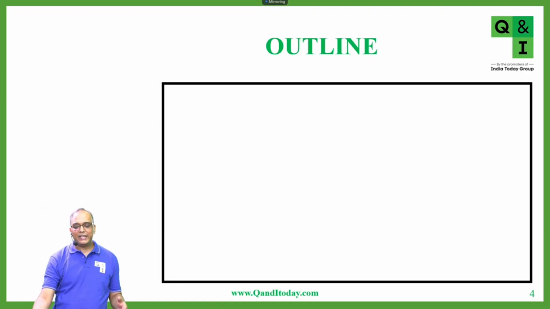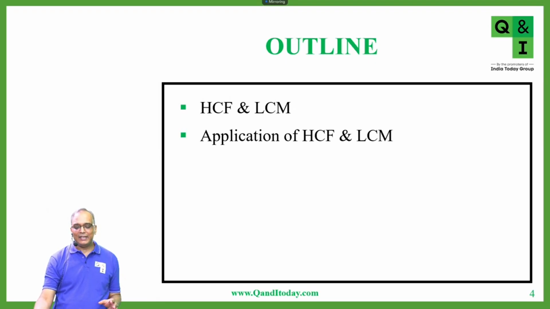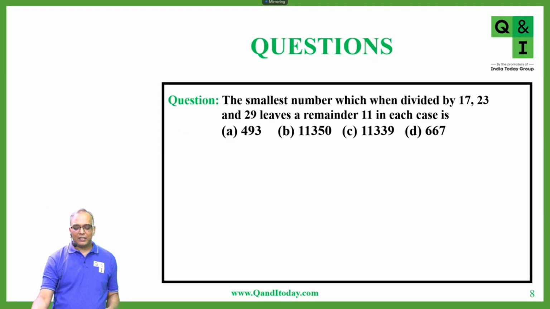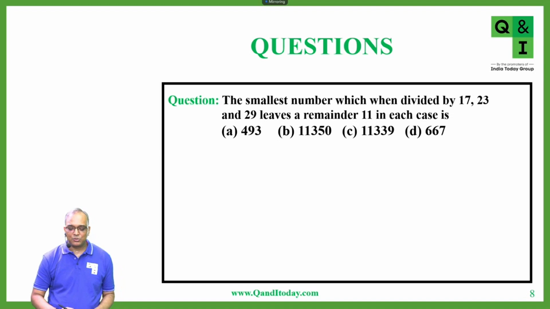In today's class, we are going to discuss application based questions, or word problems, based on finding HCF and LCM of two or more numbers. We'll begin with this question today.